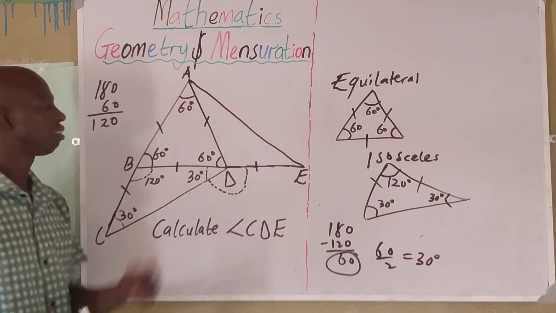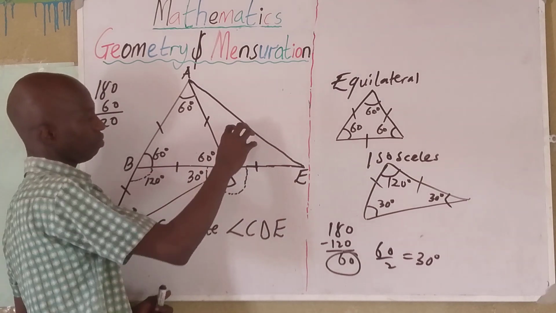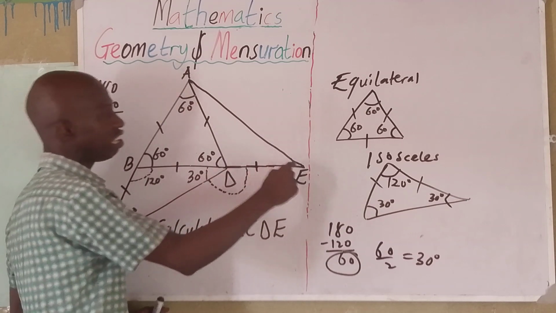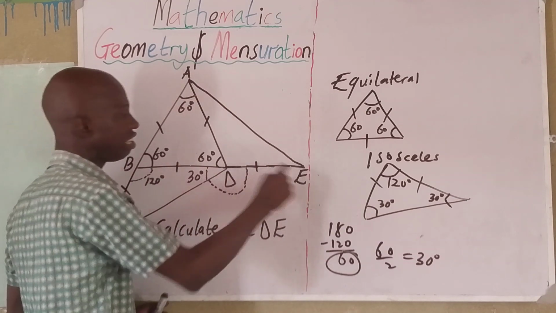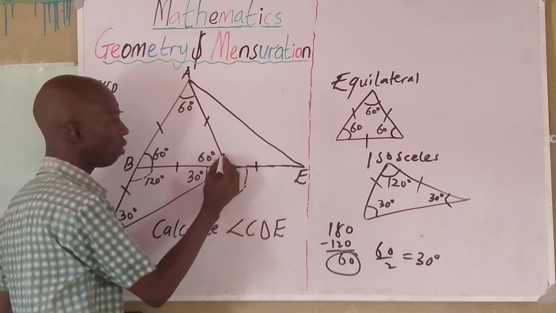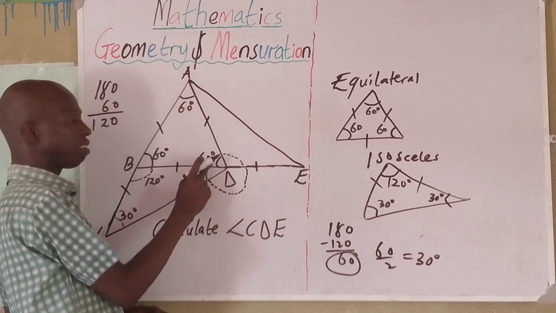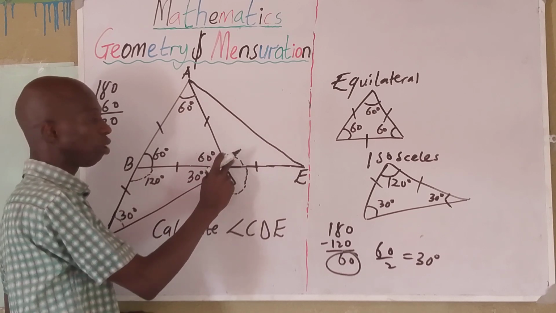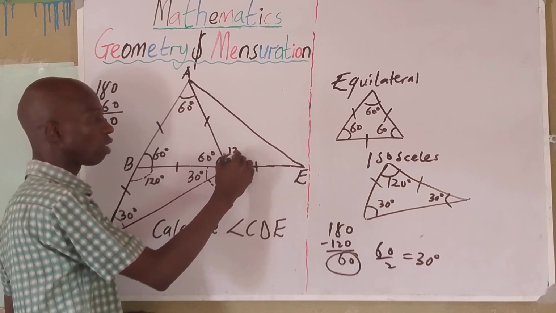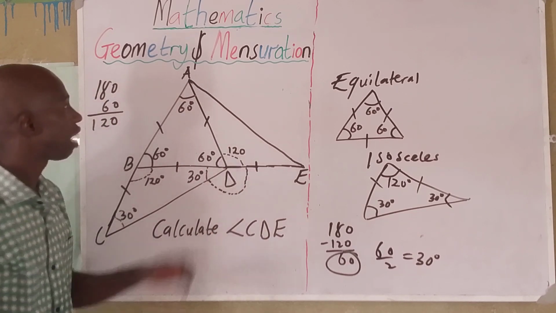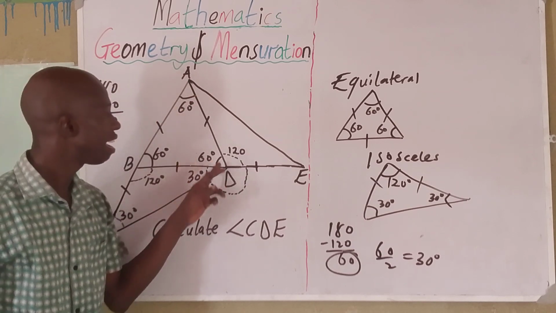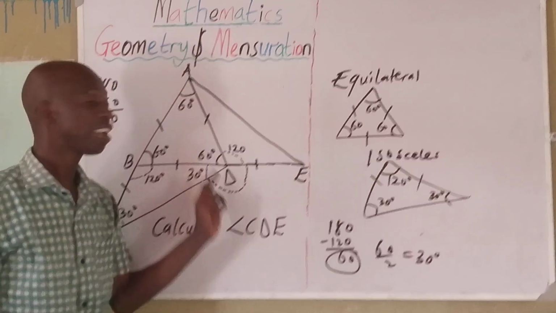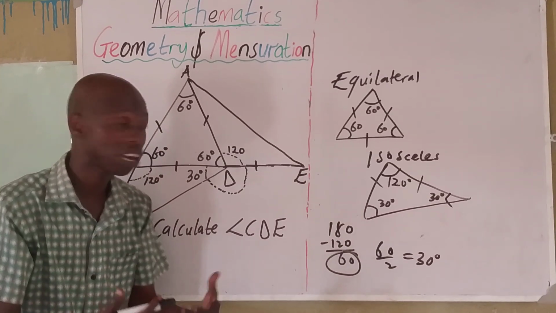And we can do the same here, looking at this triangle ADE. Now, I can as well get this side. If this place is 60 and they are both on a straight line, it must have been that this place is also 120 degrees. Now, looking at this triangle ADE again, it is also an isosceles triangle, okay?